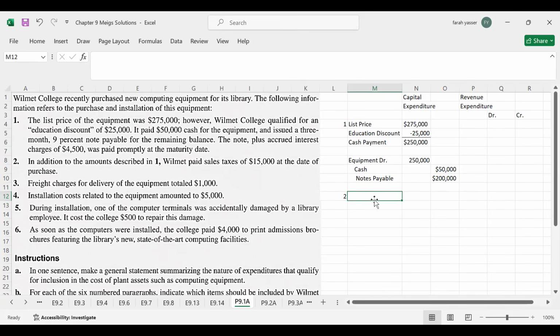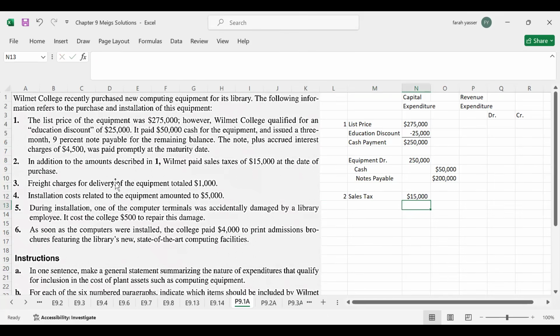So this sales tax is a capital expenditure. Sales tax will be added to the cost of the asset. Here, the amount of sales tax is 15,000. We are going to add it.